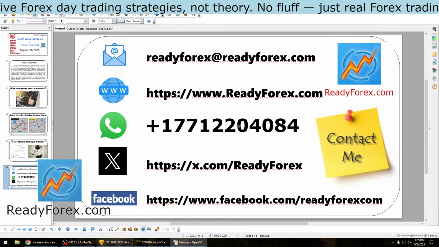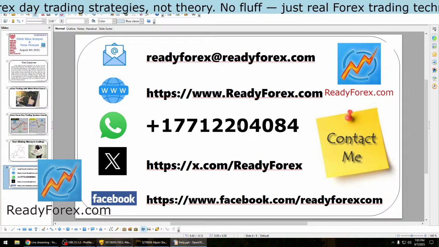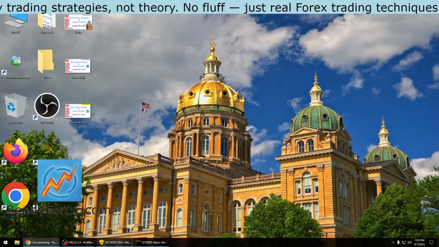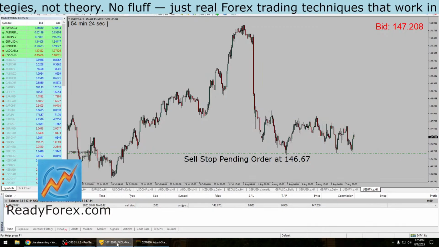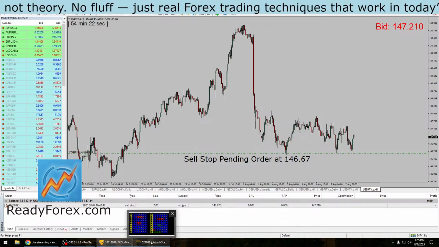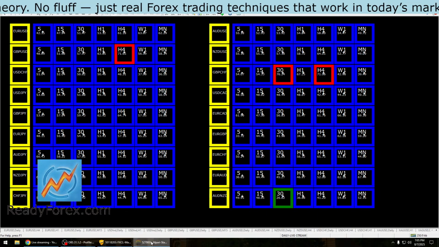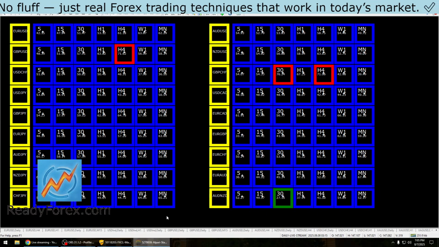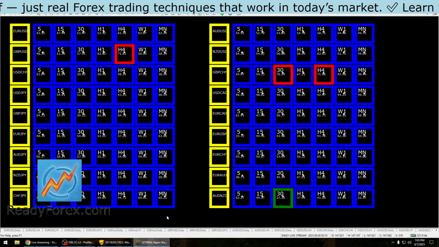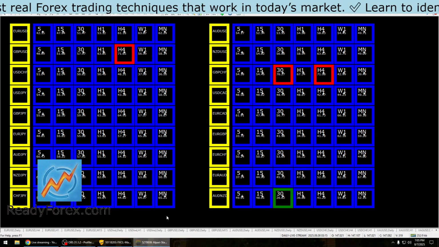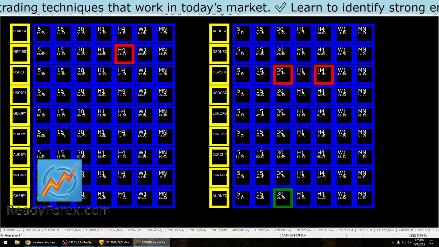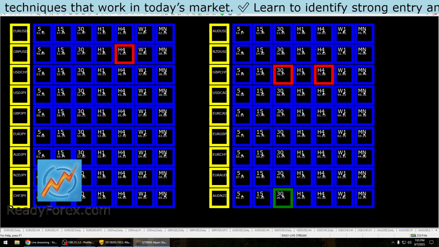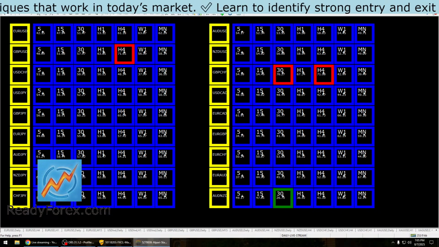Before going into the Forex analysis, let us look at the radar screen. I'm going to give it 2 seconds to update.